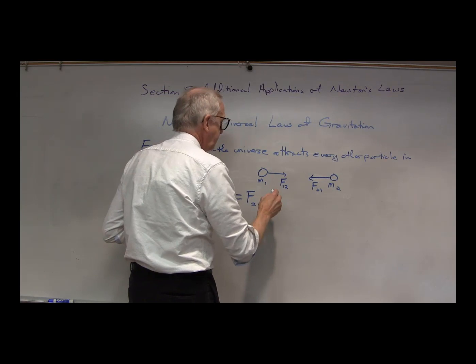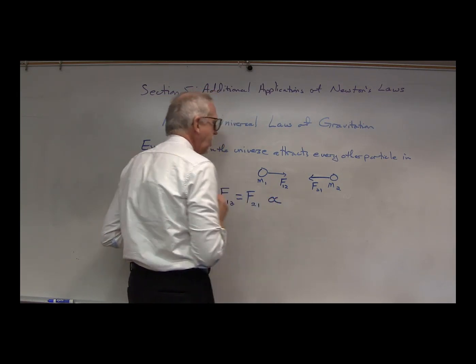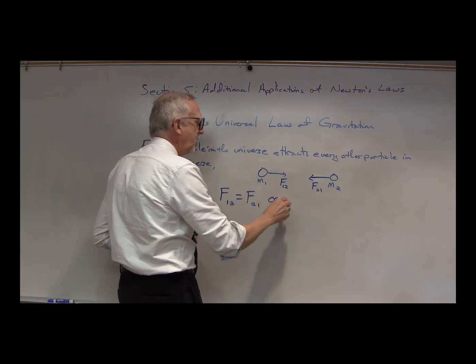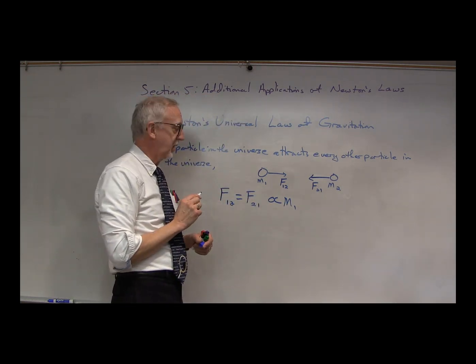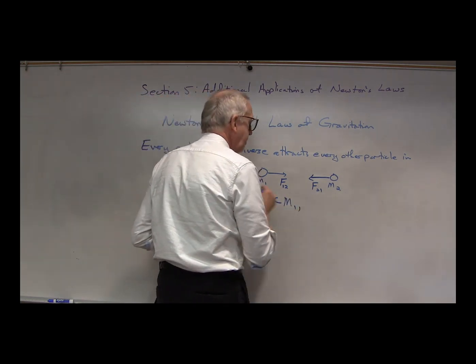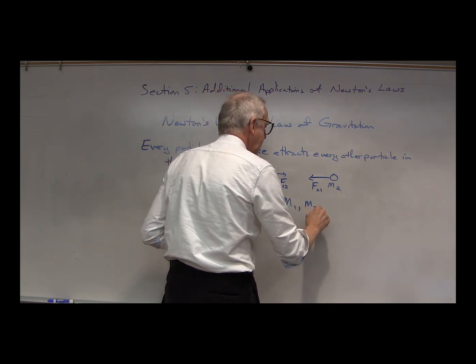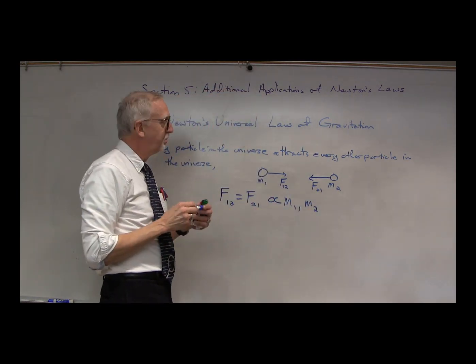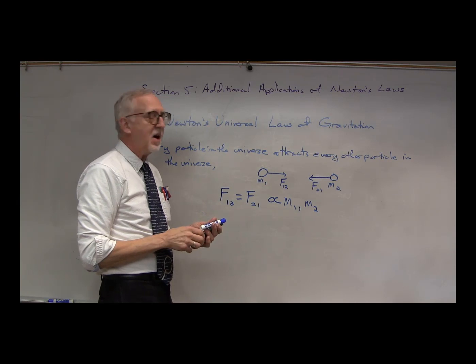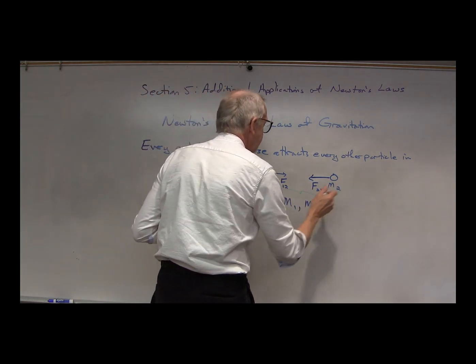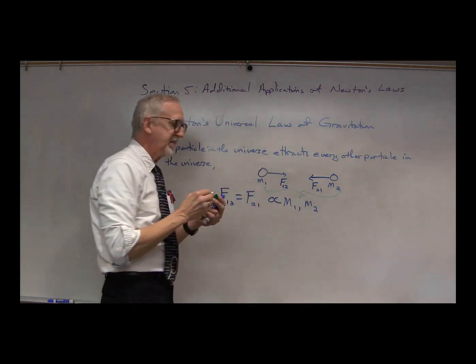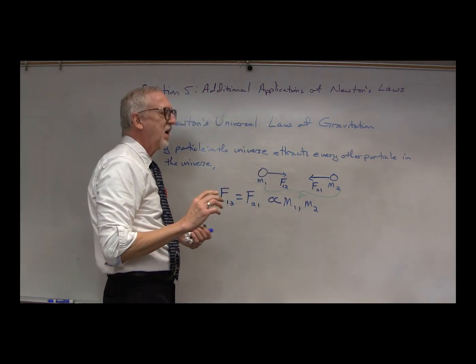But also, they are both proportional to the mass of the first particle, m1. They are also proportional to the mass of the second object, m2. But they depend on the distance between the two. So let's imagine the distance between them is some distance r. Be careful.